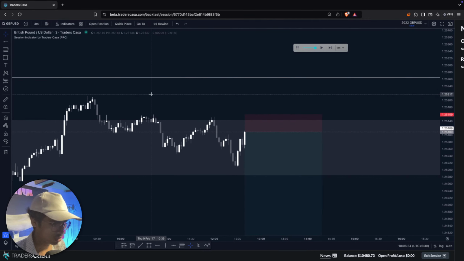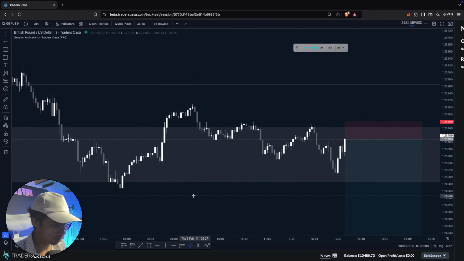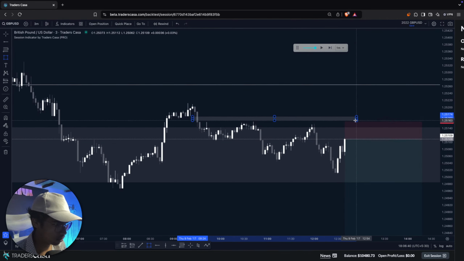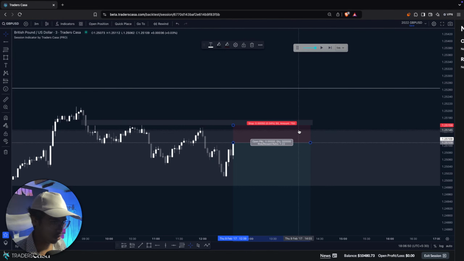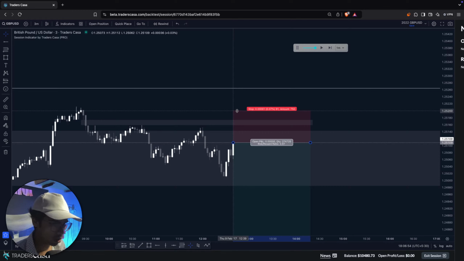Although there is a good fair value gap in here, right? Can you see? There's a good fair value gap. Got it.